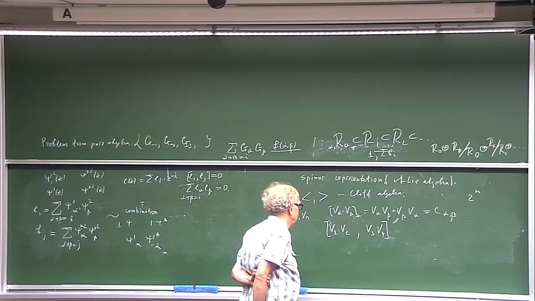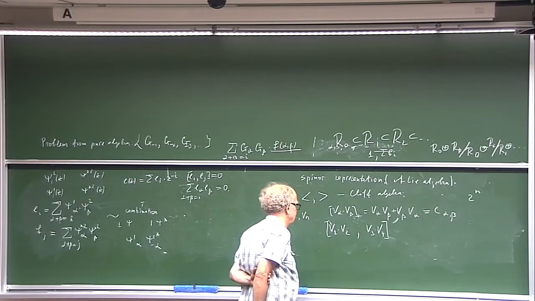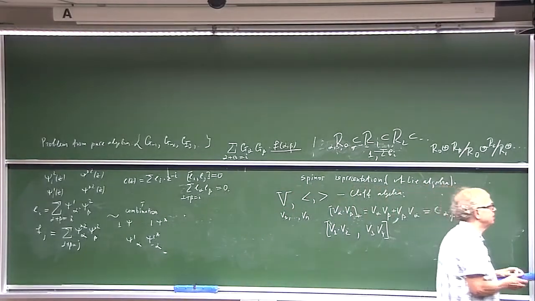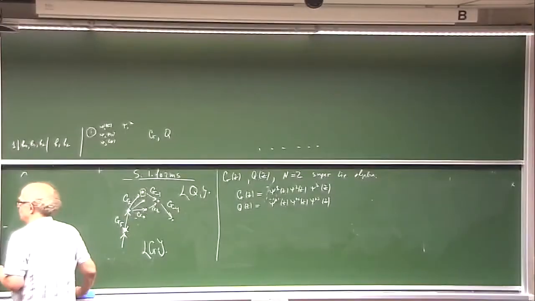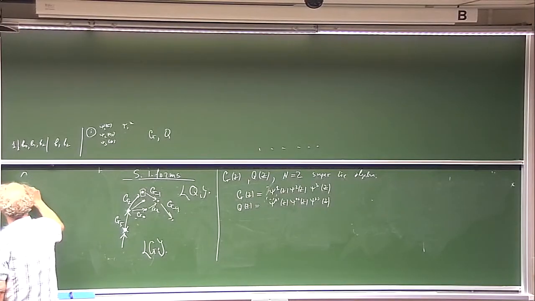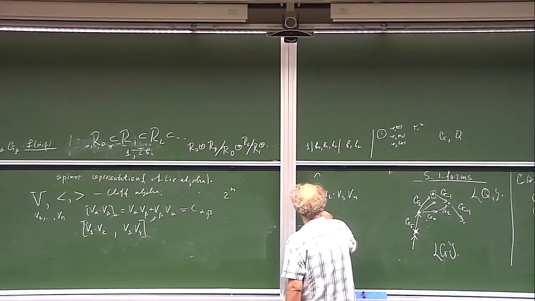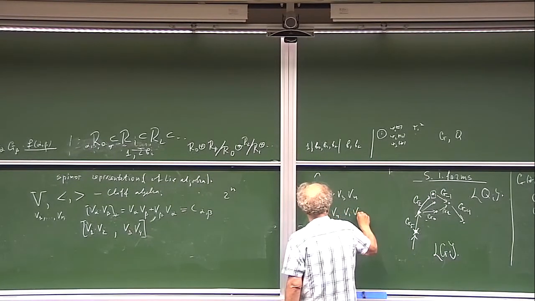It is also not a big deal. So we have to write down V1 times V2 times V3 times V4 minus V3 V4 times V1 times V2.